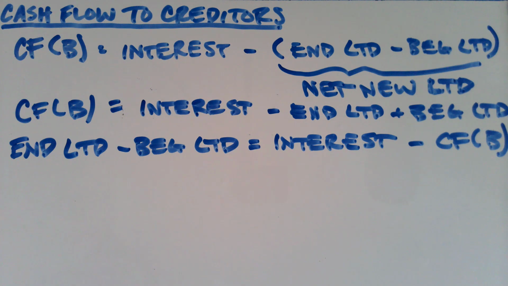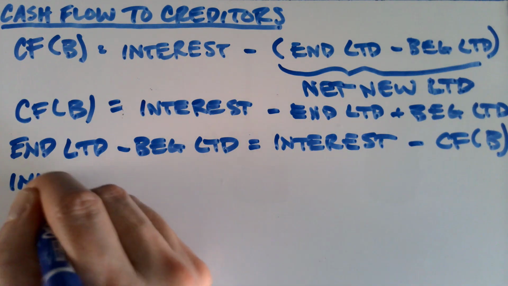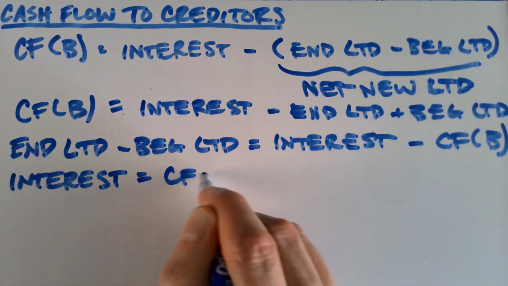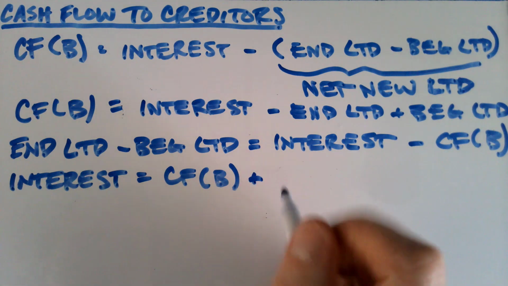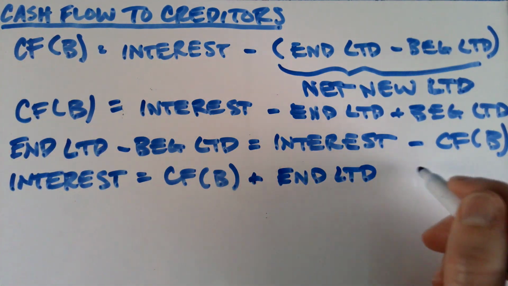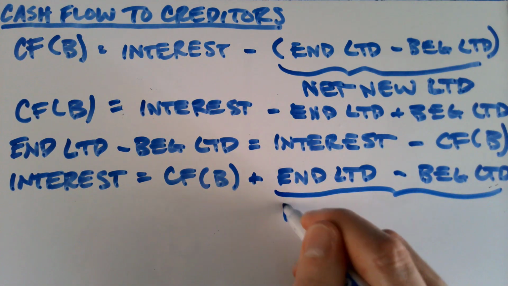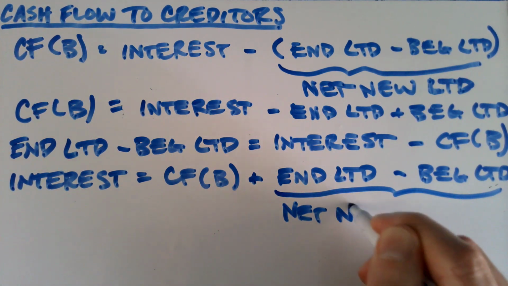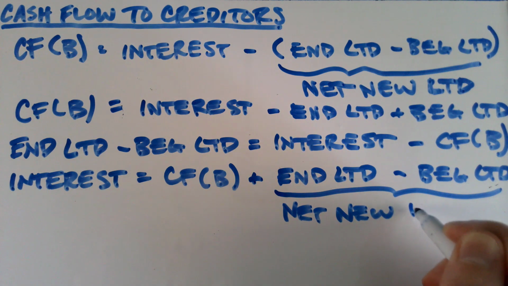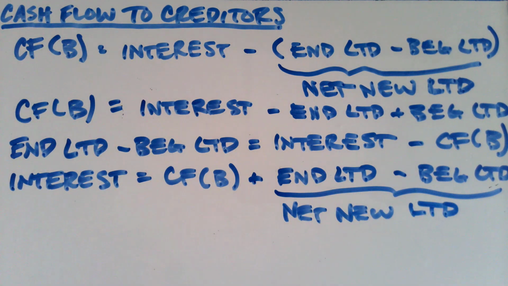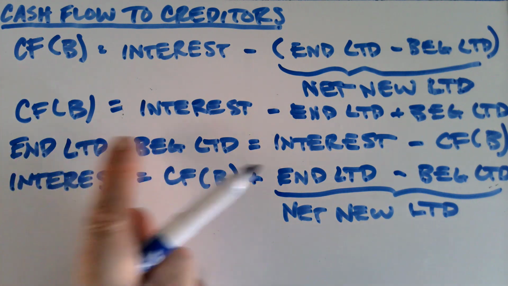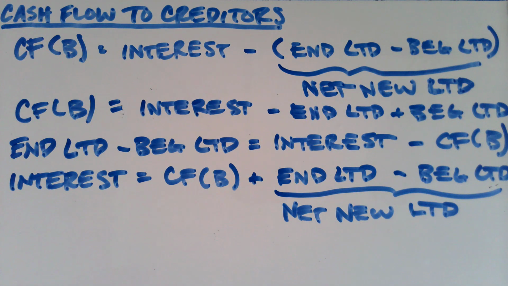What if we wanted to find interest? Notice this is net new debt, actually net new long-term debt. And so we can solve this for several things. Now, you could go back here and add beginning long-term debt to both sides and get ending long-term debt.